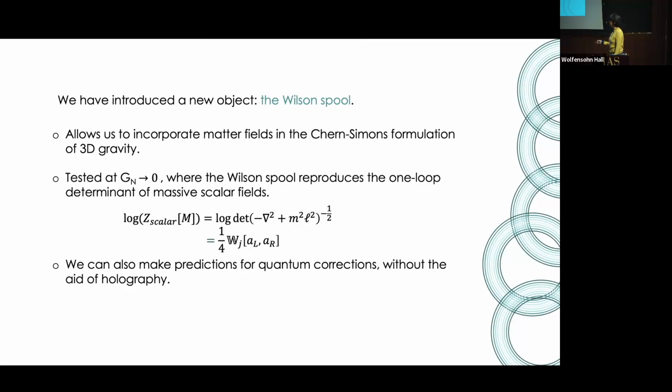Basically, I showed you how to test it in the limit that G Newton goes to 0 to see that it actually reproduces the log of determinants on a fixed background. But in the case of dS3, we can also compute the quantum corrections to it in a very systematic and efficient way. And very miraculously, I don't have a metric counterpart computation to check this against. So nobody has done it to date. But in any case, in Chern-Simons, it was a very simple thing to do.